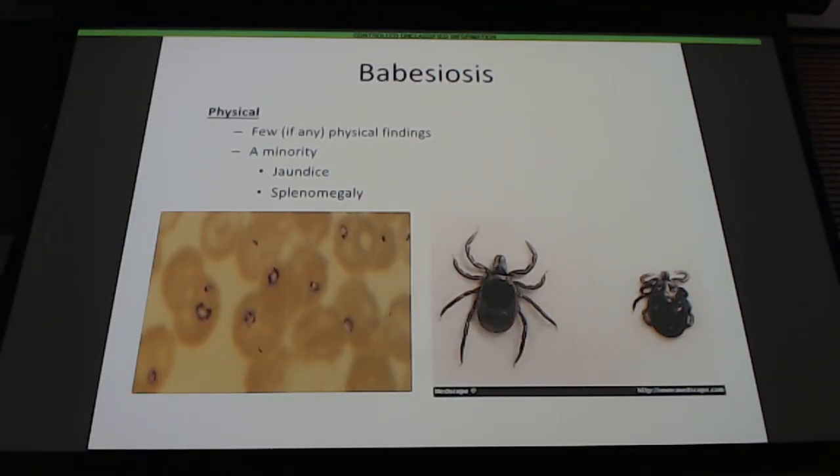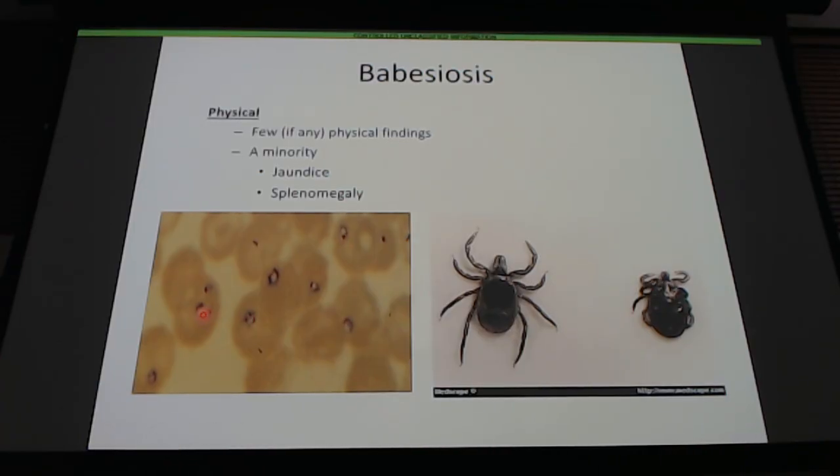Here are some physical signs and symptoms. You don't really have too much unless it gets really bad, or you end up with jaundice or splenomegaly. If you do a Giemsa staining, you may end up getting what we call the Maltese cross.